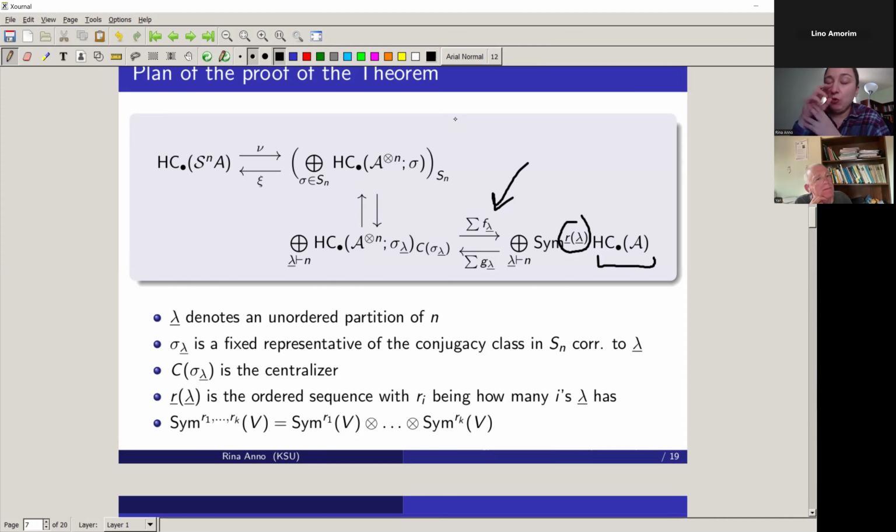Then the symmetric power of A is not smooth. It's never smooth. But then A itself, so HC of A, is also not the right thing to consider.